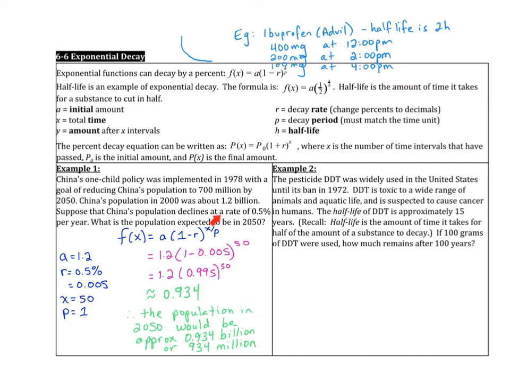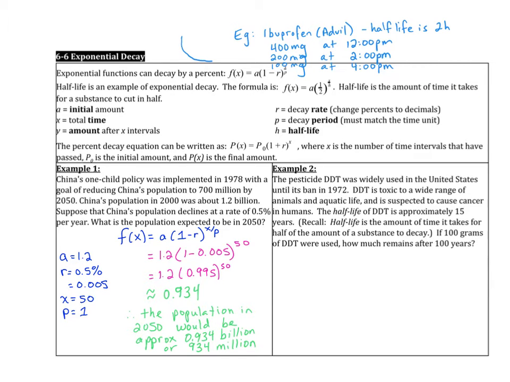So as you can see, they wanted to get it down to 700 million, but that decay rate only would bring them to 934 million. Not that it's part of the question, but they no longer have the one-child policy there.